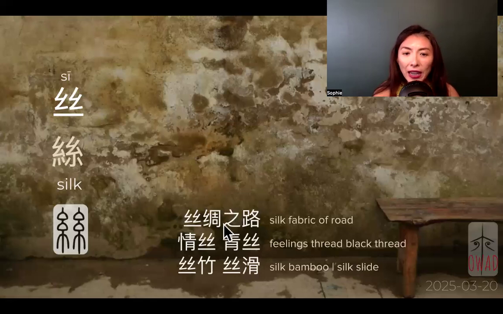And we especially add this zhi, which is nothing but a connector of A and B, two things. One is silk, one is road. We add this zhi in the middle to make it sound more classical Chinese, and also to make it into a four-character set phrase.